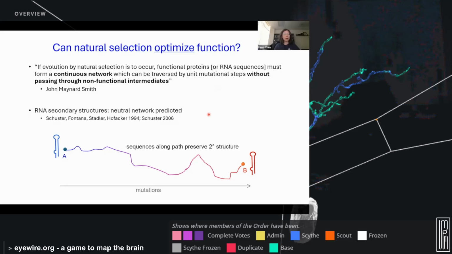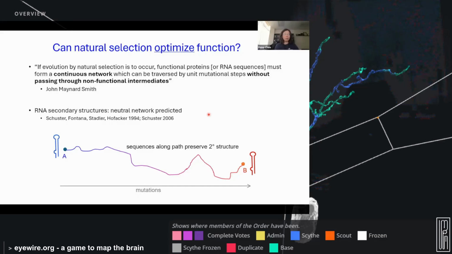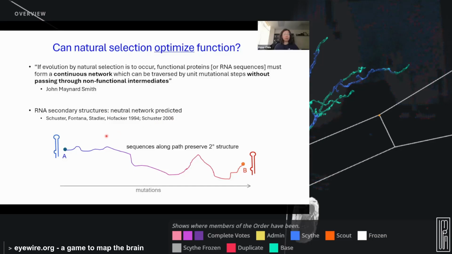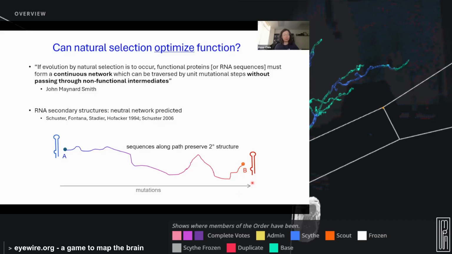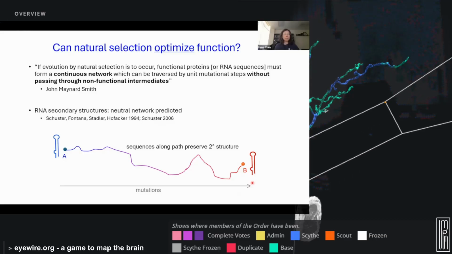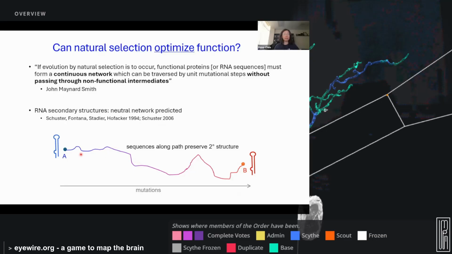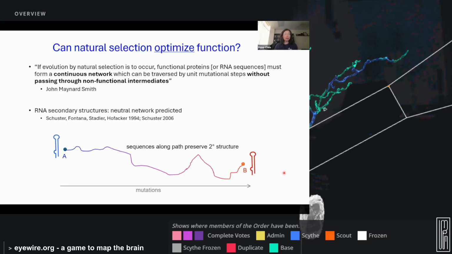They were looking at RNA secondary structure as being the fitness of the molecule. So they asked, can we get from arbitrary point A in sequence space to point B in sequence space, where both A and B fold into the same secondary structure? Can we get from point A to point B, making single mutations and preserving that secondary structure the entire way?